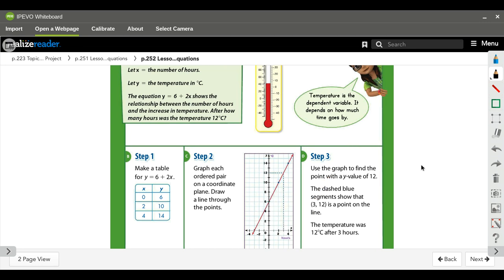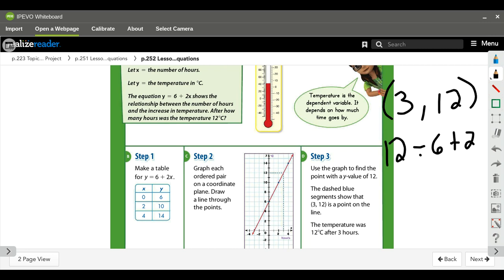So if I plug it into the equation where I have x is 3 and then y is 12, I'm going to check and see if that point is going to be on this line, y equals 6 plus 2x. So I'm going to say that I have 12 equals 6 plus 2x.